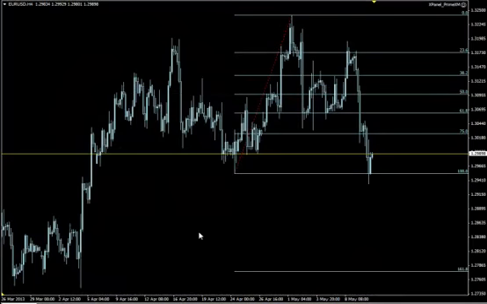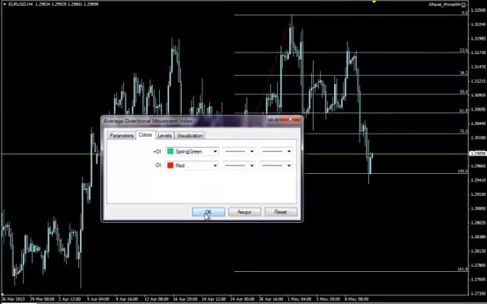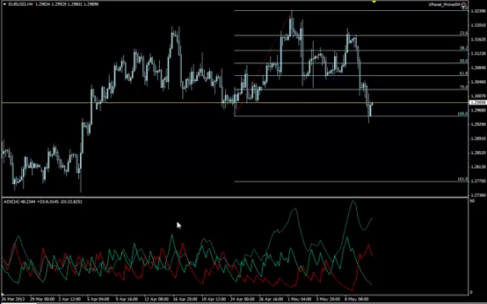I'm going to remove this tool now. So we have the chart uncluttered, and I will add ADX to see if actually we have a reversal here. ADX is comprised of two indices. The red one is DI minus, and the green one is DI plus.